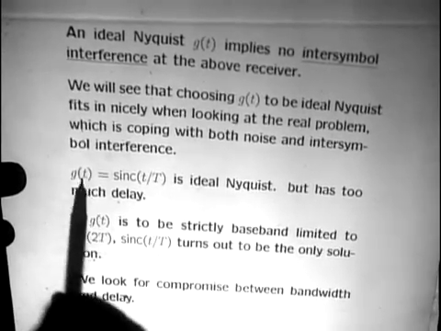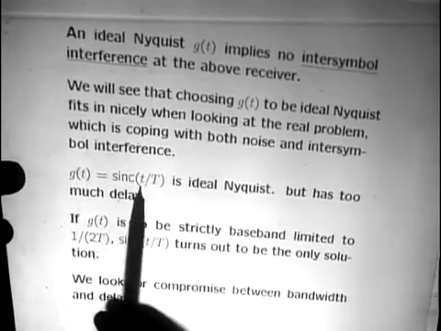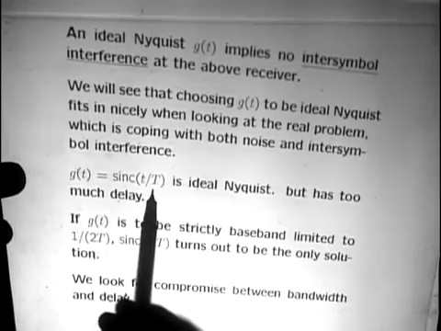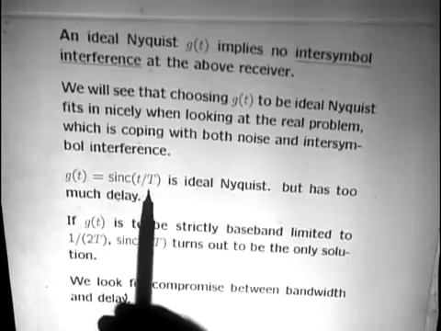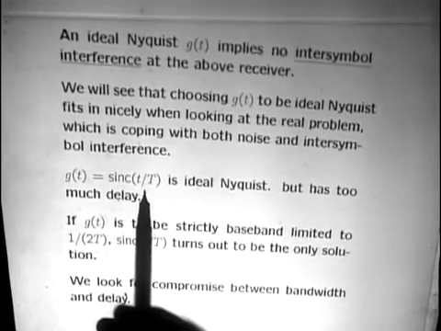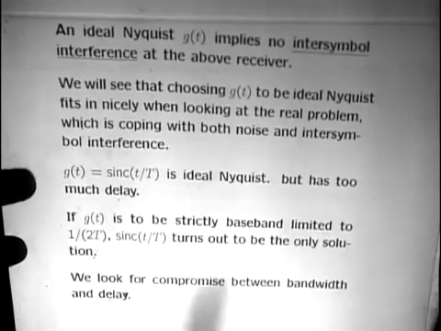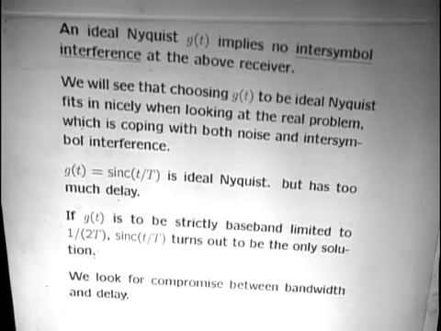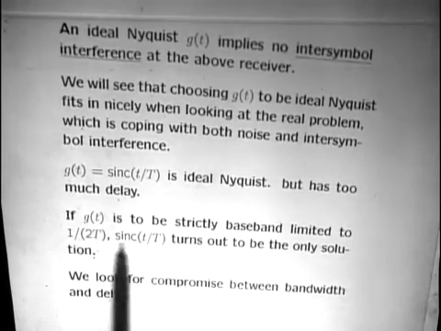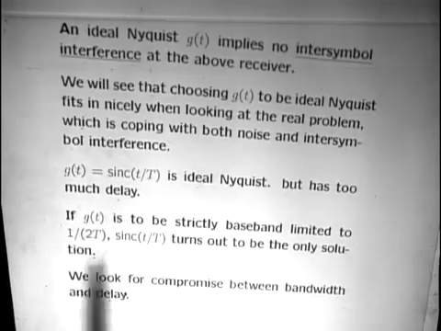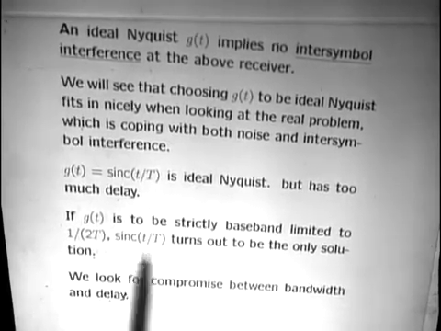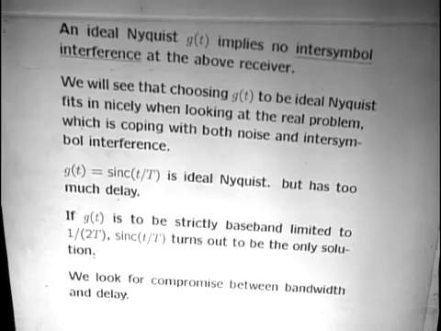We've also seen that if g(t) is sinc(t/T), that works. It has no intersymbol interference because it's 1 at t equals 0, and it's 0 at every other sample point. We don't like that because it has too much delay. If we want to make g(t) strictly baseband limited to 1/2T, then this turns out to be the only solution, and we'll see that in a little while.